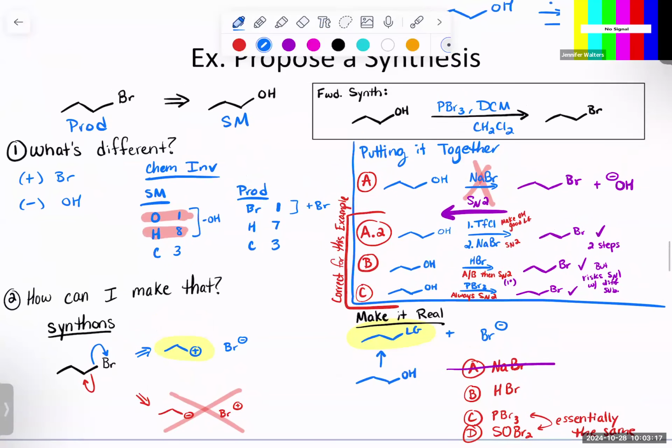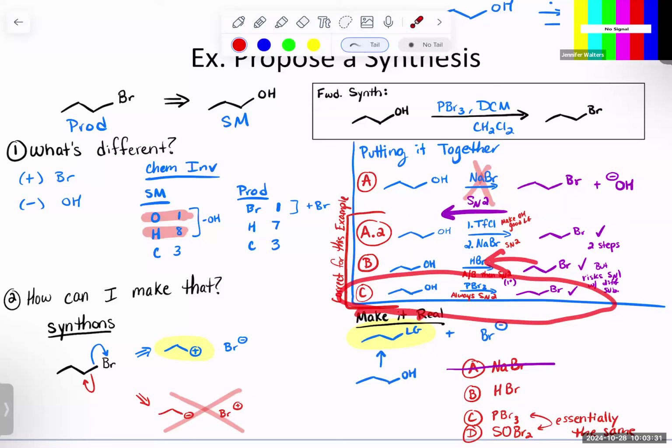Okay, so this is what I mean by there can be many correct answers. On a practice test or a practice problem, you might see that only PBr3 is written, but maybe you wrote HBr. If you can prove to yourself HBr is valid, if you can draw the mechanism and be like, yeah, those arrows work, I know this works, then that's the best, because you can't ask me on an exam, hey, is this right?